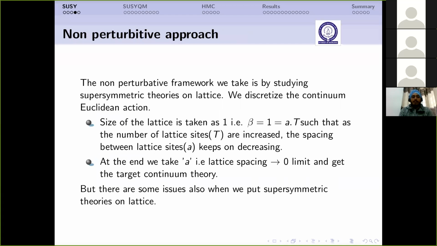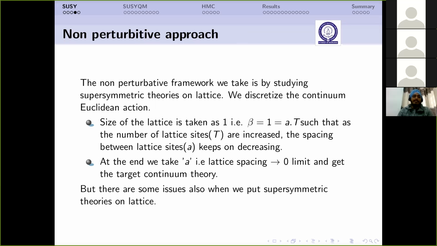The non-perturbative framework that we have used here is that we are studying the supersymmetric theories on a lattice. We are discretizing the supersymmetric theories, and in most of the cases we have imposed periodic boundary conditions.